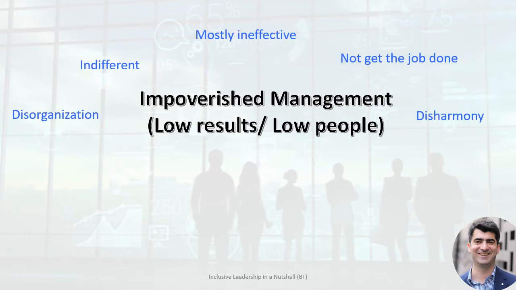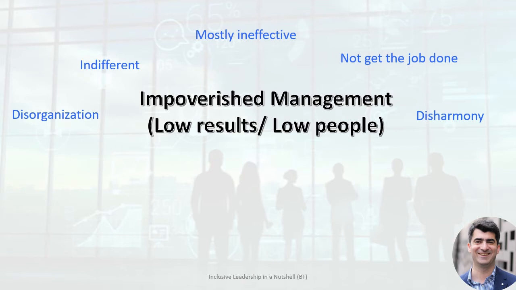This type of leader has a low regard for creating systems that can get the job done, and they will have little interest in creating a satisfying or motivating team environment. Therefore, the results are inevitably disorganization, dissatisfaction, and disharmony.